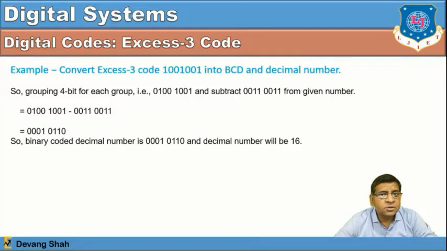So you can see this particular sequence is 0100 minus 0011 as well as 1001 minus 0011. Once you do this, you'll find the answer is 1 and 6. So 0001 and 0110, right? This is in the binary form, and you can convert this binary form into a decimal number.